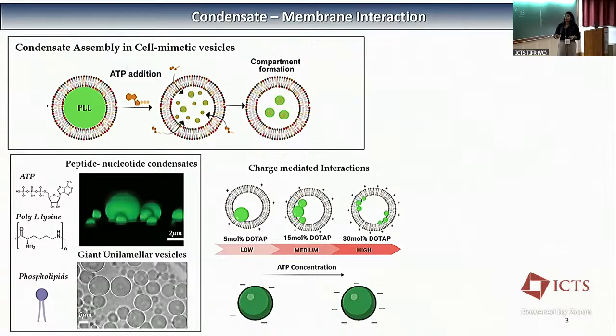Similarly, you have charged counterparts in your condensate system, ATP and poly-L-lysine. If you increase the concentration of any of the components, you will get either negatively charged or less charged condensates. If you look at their interaction in different permutations and combinations, you will get situations where they have high interaction with each other and conditions where they have low interaction with each other.